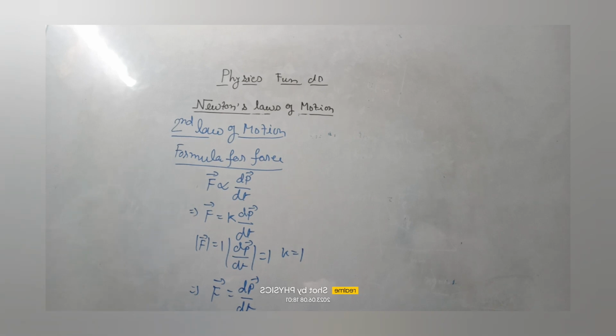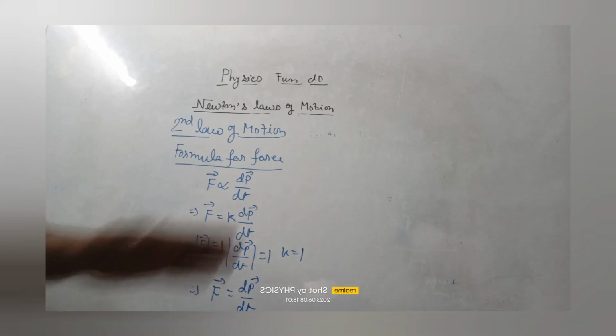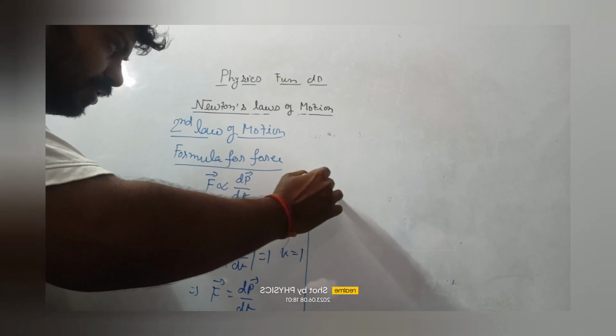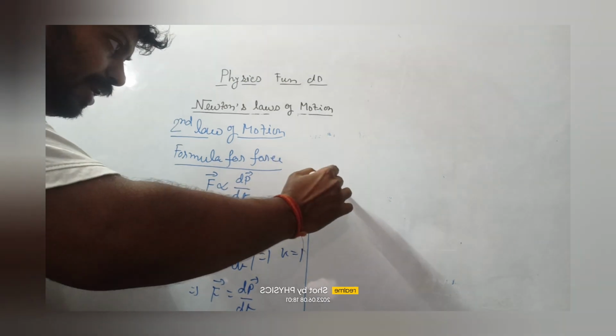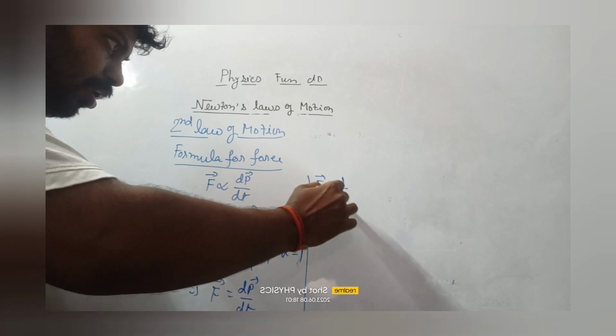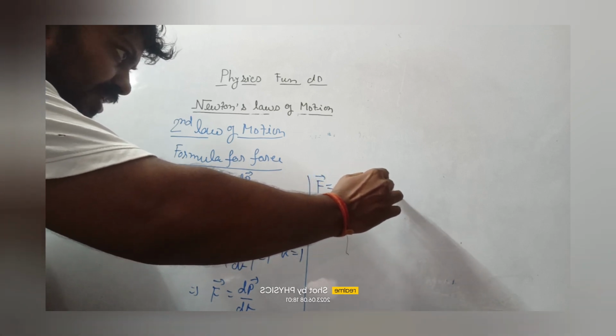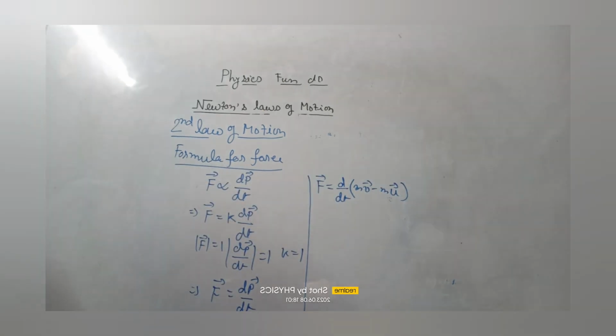Now here we can convert it into velocity. F is equal to d by dt of mv minus mu. Here v is the final linear velocity and u is the initial linear velocity.